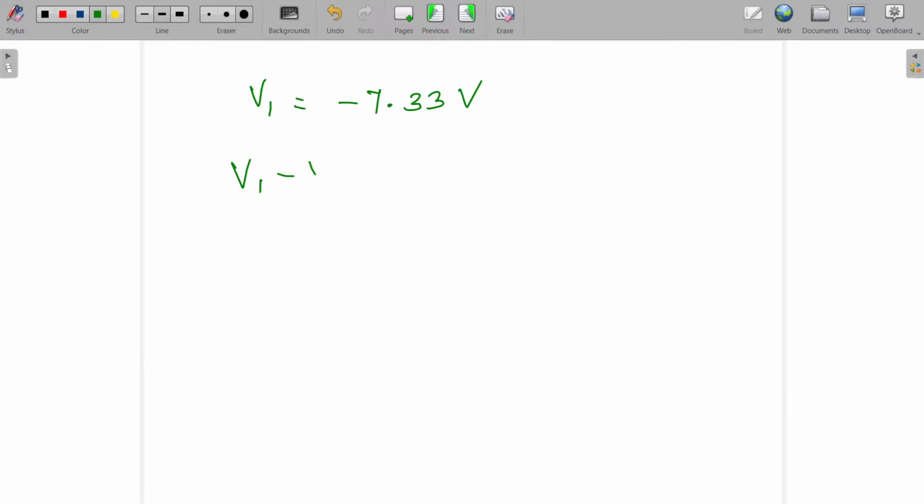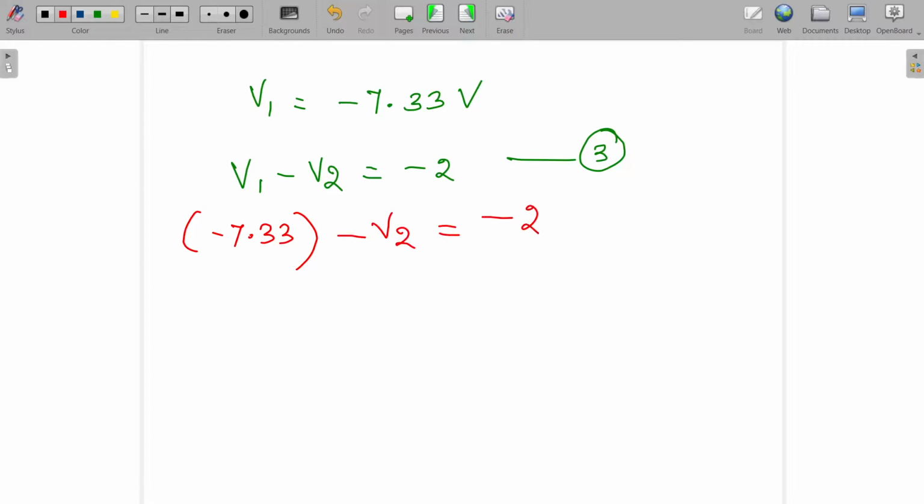V1 minus V2 is equal to minus 2. This is your third equation. Into this third equation, you can substitute the V1 value as minus 7.33. So minus 7.33 volts minus V2 is equal to minus 2.